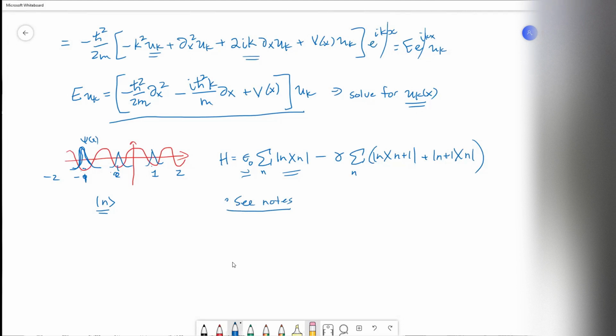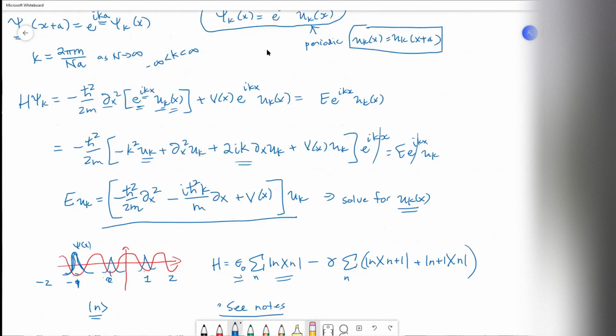This is, I guess, a famous model in condensed matter for electronic band theory. So I would check it out if you're interested in that, but I won't really go over it very much more. Maybe we can do a recitation on it if people are interested.